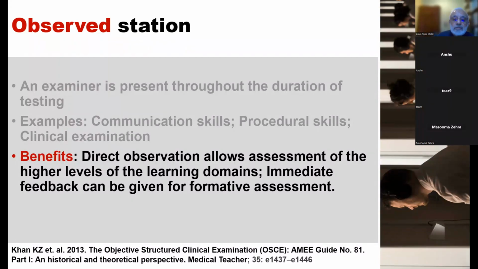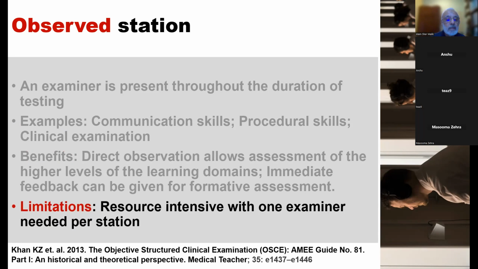The benefit is direct observation, which allows assessment of the higher levels of learning domains. And if it is a formative assessment, we can give immediate feedback. So one is direct observation, and second is immediate feedback if it is a formative assessment. The limitation is that it's resource intensive, with one examiner needed per station.